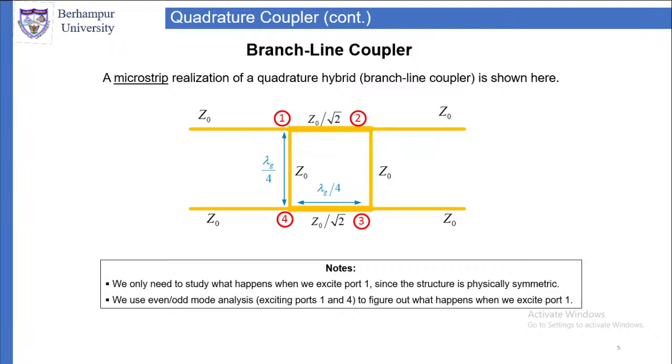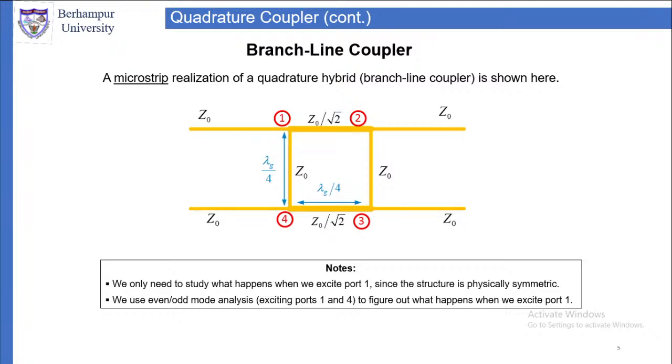But when we connect these two lines using a branch, so from line 1 a branch comes to line 2, or more than one branch come to line 2, in that case we call it a branch line coupler, because a line or more than one line is connecting these two lines which are carrying the signal.